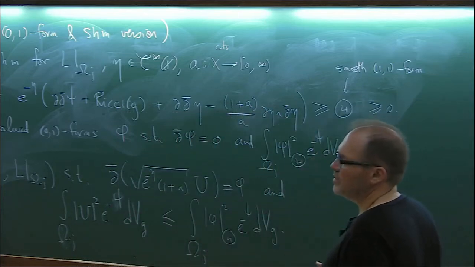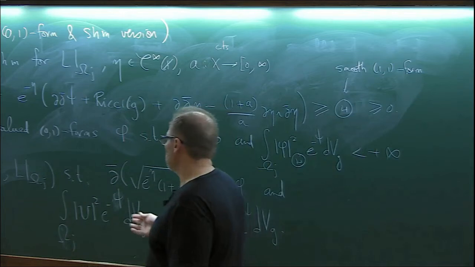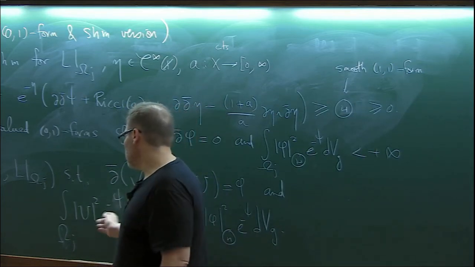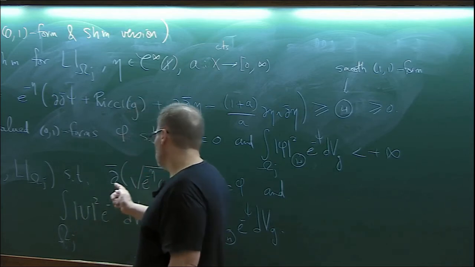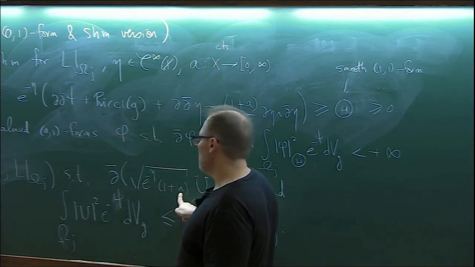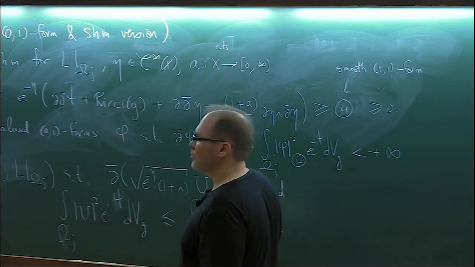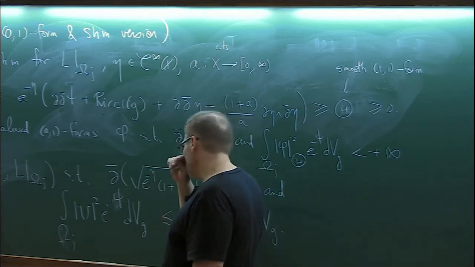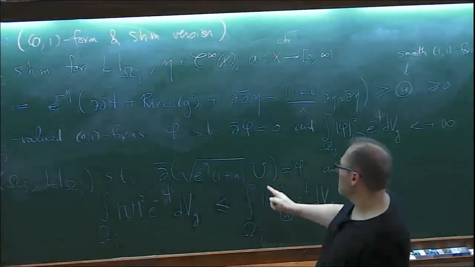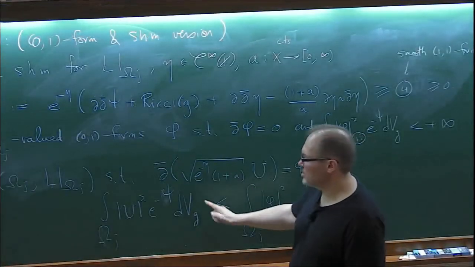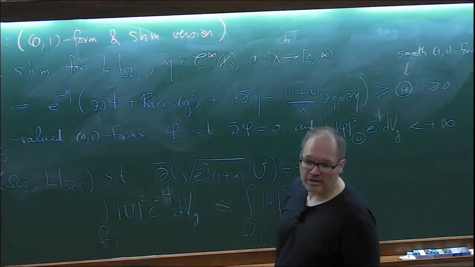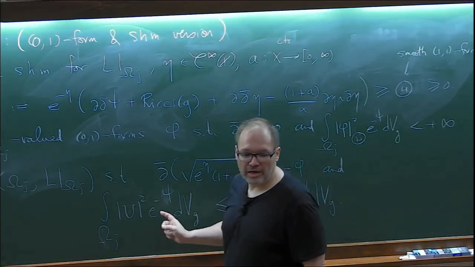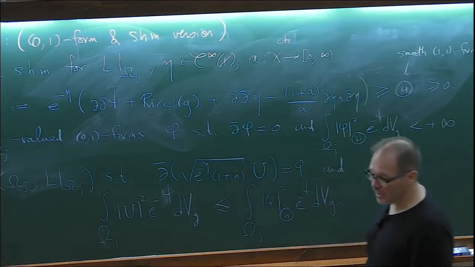The only serious difference here is that this psi is singular. In particular, if it's singular enough, then because this a is continuous, the solution U will also be continuous. Maybe we need C1, but anyway, it's going to be smooth. So this solution U will be continuous, and defined everywhere. And so if this integral is finite, this will force U to vanish along the singular locus of psi.